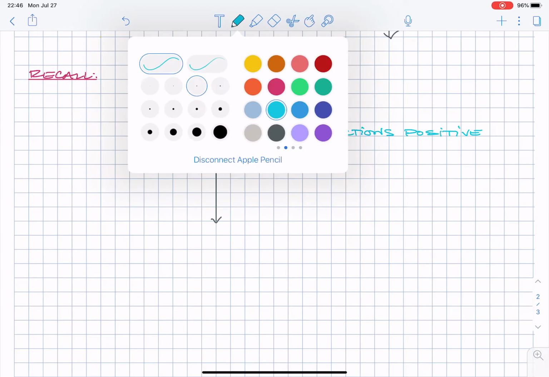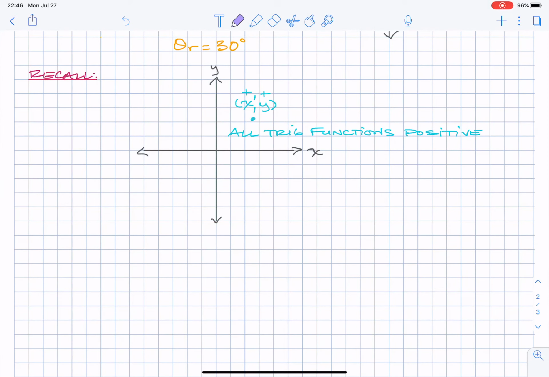Okay, if I have a point x comma y in quadrant 2, the x coordinate is negative, but the y coordinate is positive. So sine is positive, because sine is y over r.